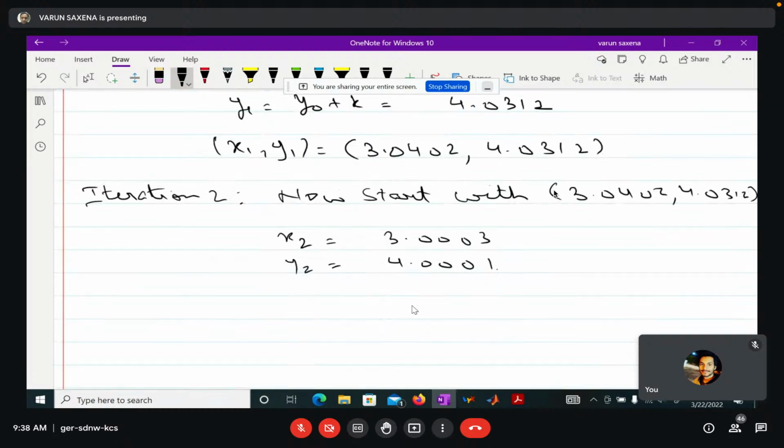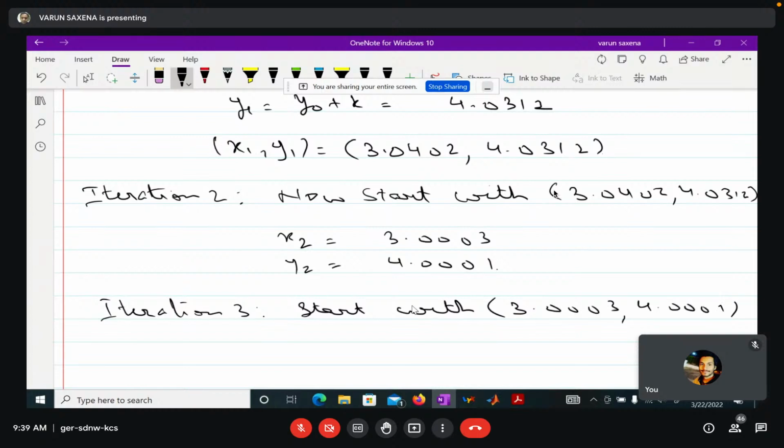Then if you go to iteration 3, start with 3.03 and 4.01, and then you end up with x3 as 3.0000 and y3 as 3.0000.